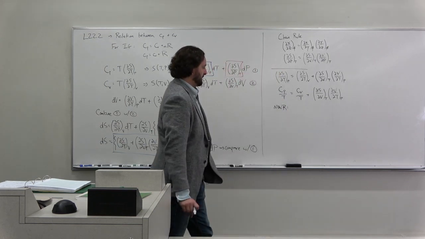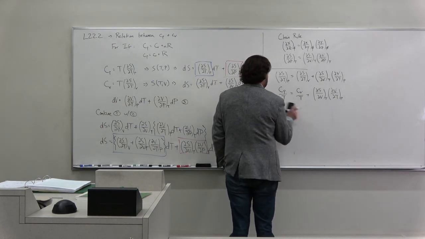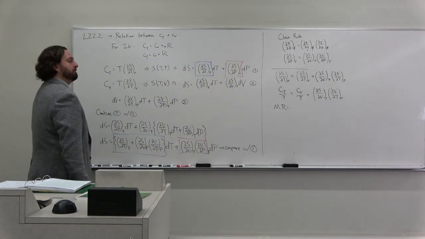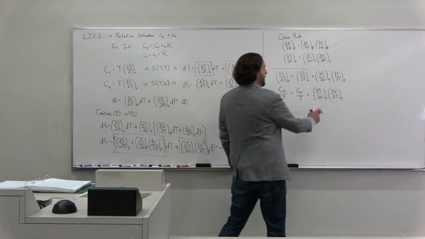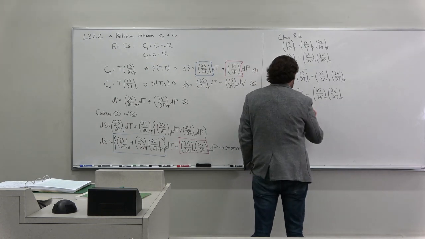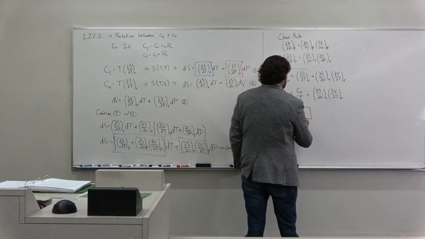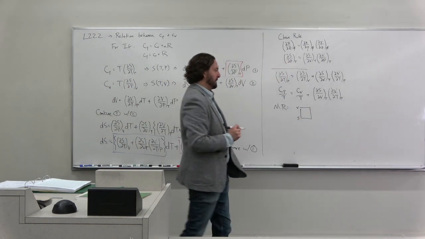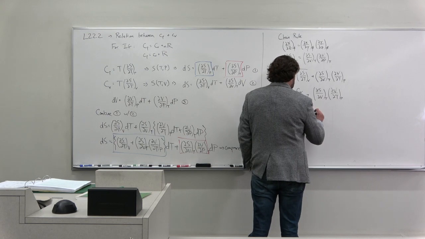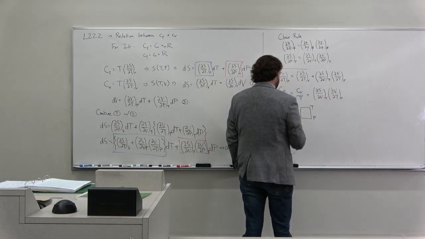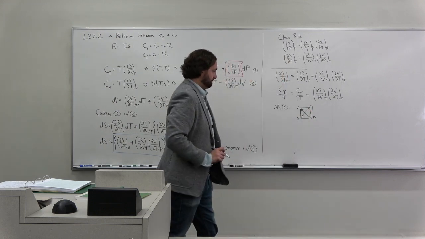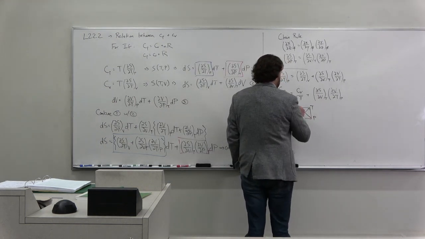Maxwell relation, I guess is what that's supposed to say. Maxwell relation, let's do that to convert this one. All right, so let's draw our triangle again. Our square. Triangle. Sorry about that. Our thermodynamic square. This is T and P. So we're going to do SVT.